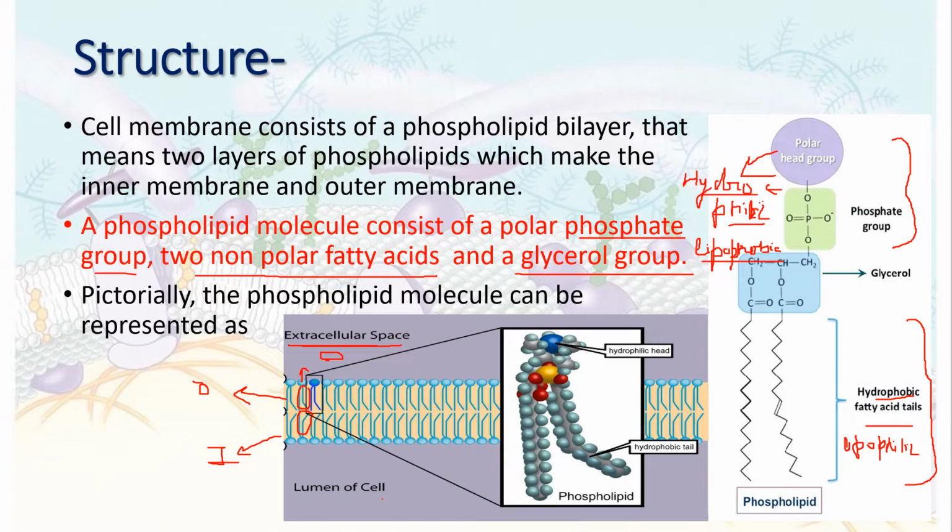So for this particular molecule, the head is facing toward the aqueous region and the tail away from it. Same like that, in this molecule, the head is facing toward the aqueous region of the cytoplasm and the tail is facing inward, away from this region.